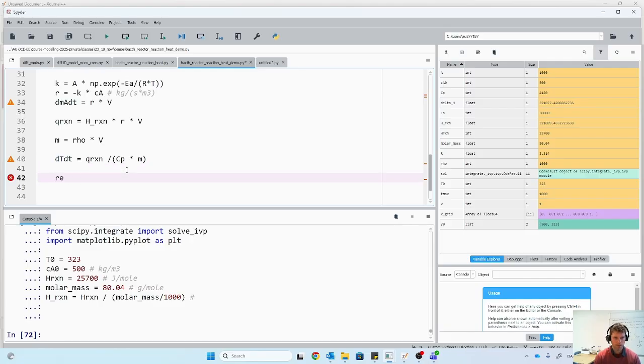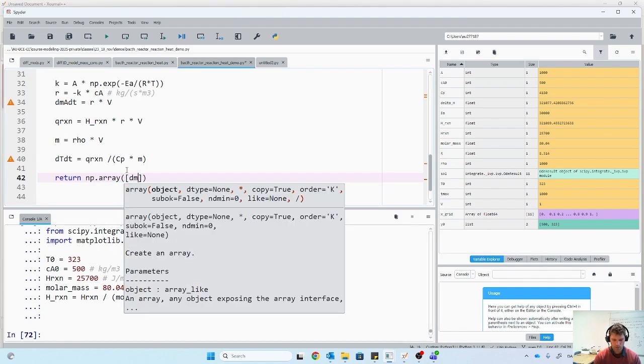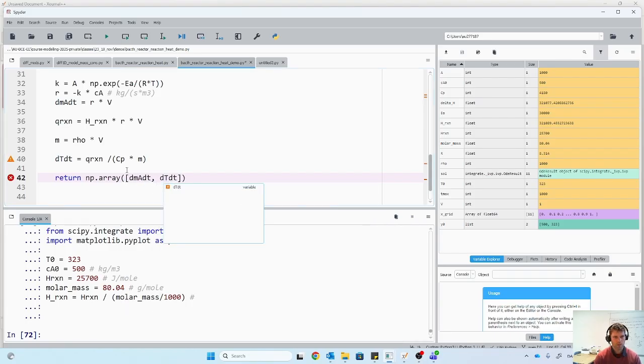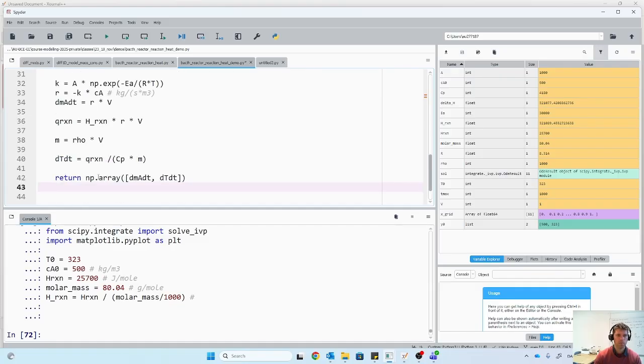We will return it as an NP array. And here I can just use the NP array because we have a 0D model, whereas in contrast to the 1D modeling, we used NP concatenate here because we had 1D arrays of these.